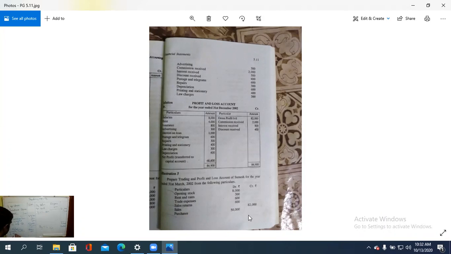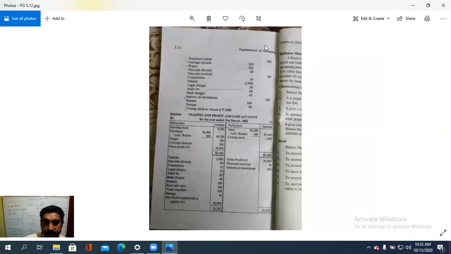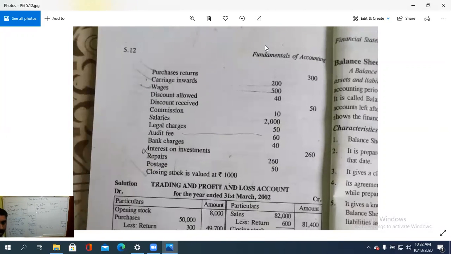To trade expenses, how much? 600. Then the rest of the items here. Wages is there. Then to discount allowed, discount allowed is 40. By discount received is 50. Then commission paid.